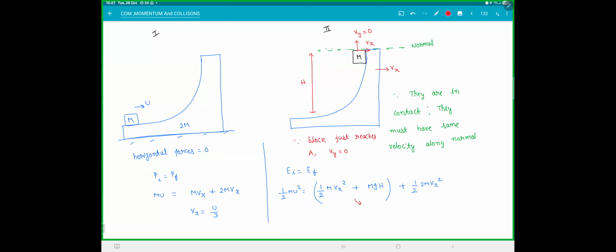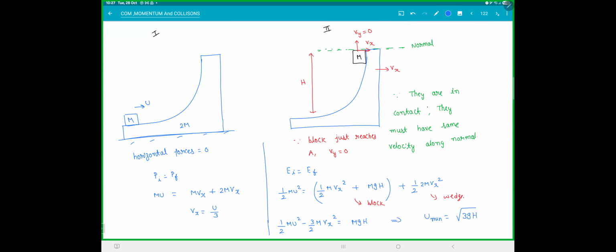So this thing is the block of potential energy plus kinetic energy. This is your wedge. You know all the values there. You can substitute. So Vx will be U by 3. That will be 3 by 2. So half mu square minus 3 by 2m Vx square is equal to mgh. Solve this, you'll end up with, we get U minimum will be root over 3gh. Check.